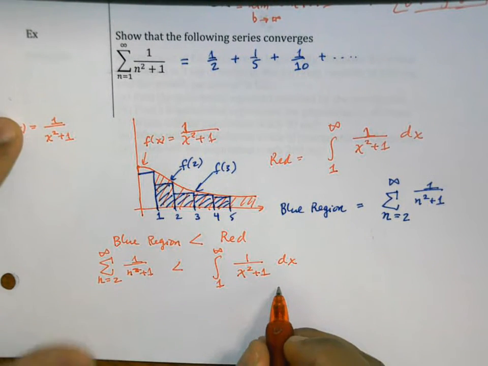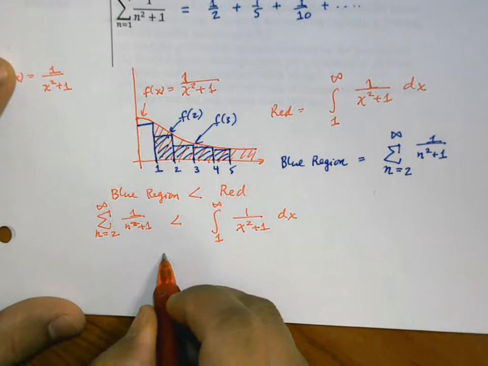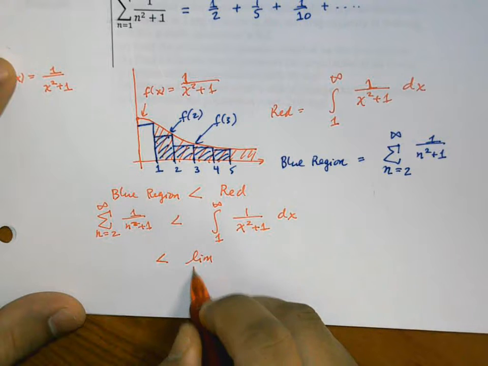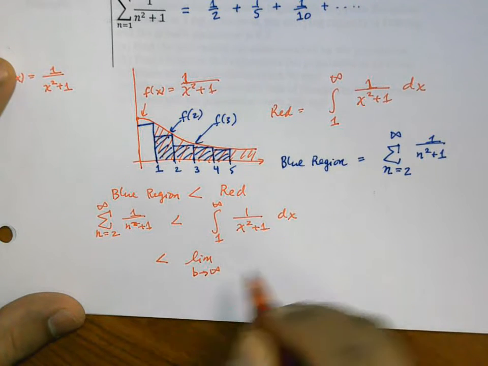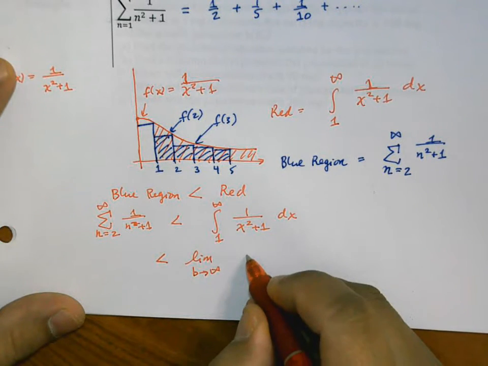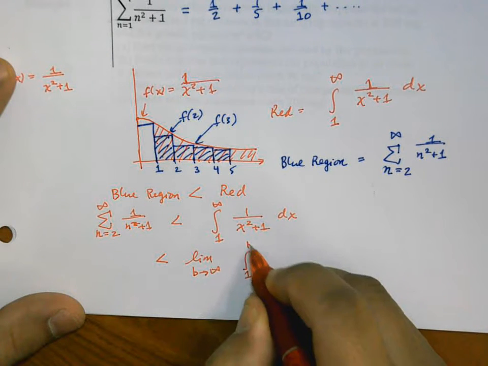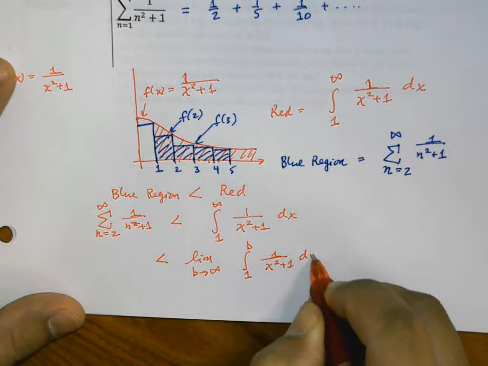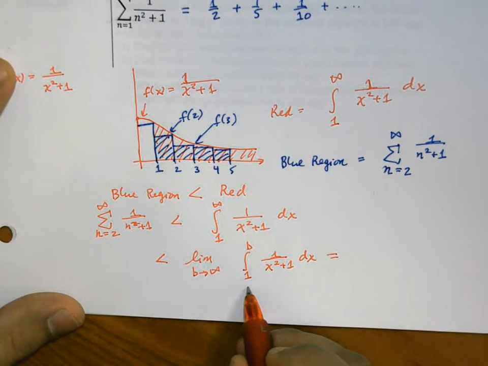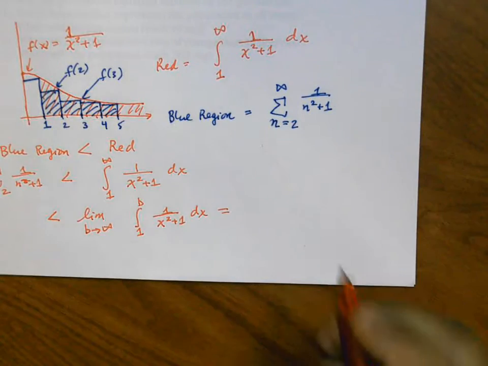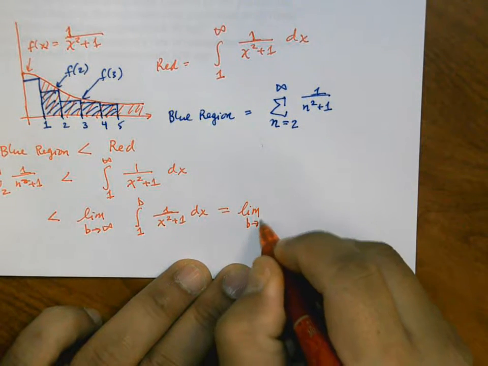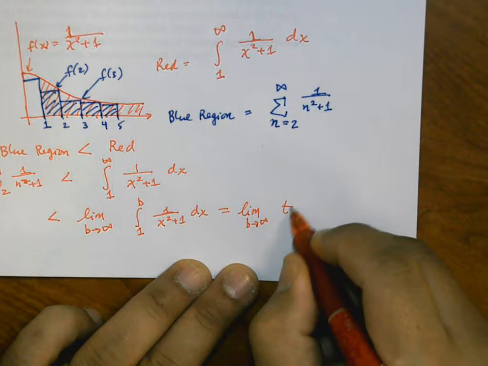Okay. And then we're going to evaluate this integral. So this is less than the limit as b approaches infinity, evaluated this integral from 1 to b of 1 over x squared plus 1 dx. And the antiderivative of the integrand here is simply the arctangent function, or the tangent inverse function.